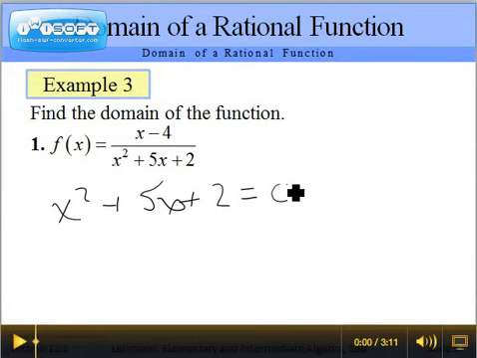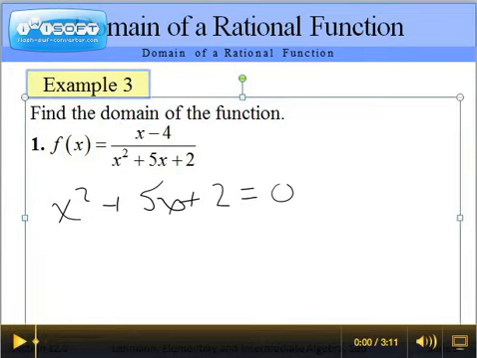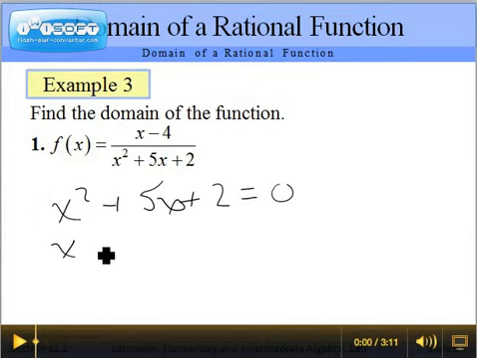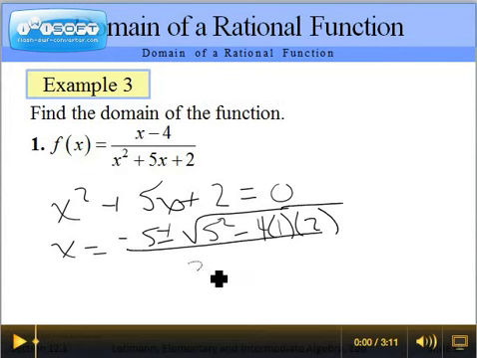And then we need to solve this. Since this isn't factorable, I need to use the quadratic formula. So x is equal to negative 5 plus or minus the square root of 5 squared minus 4 times a times c, all over 2a.